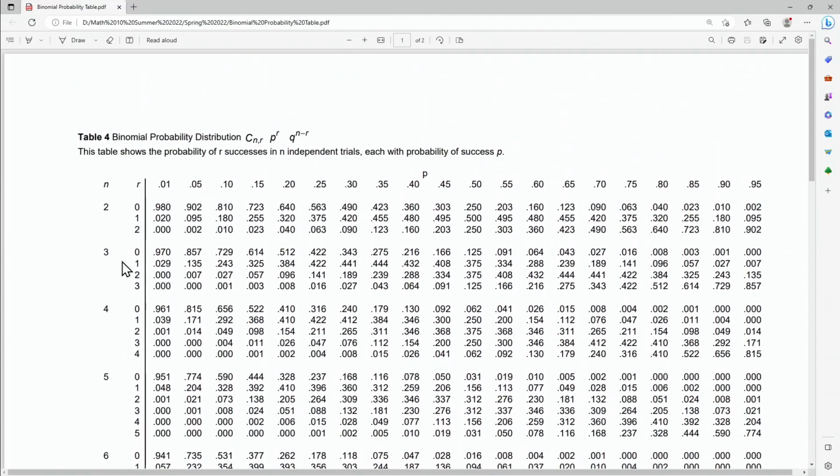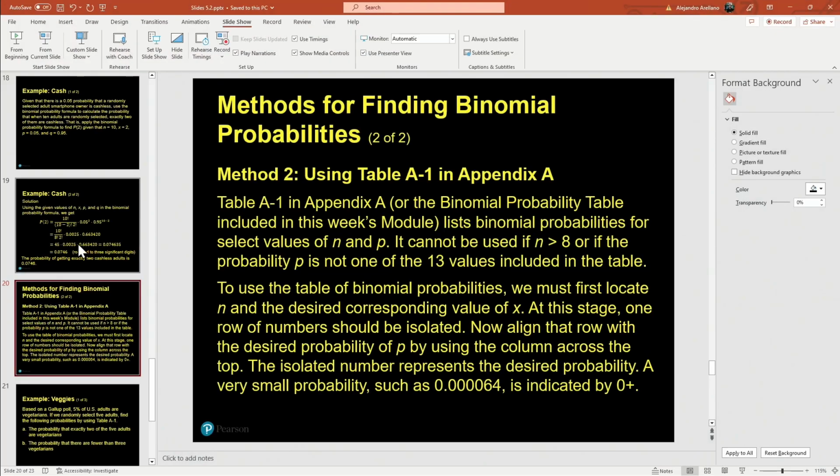So you can use these tables if you'd like to, or you could just always use the formula. But the nice thing about the table is if you have to look up multiple probabilities, and it's in the table, it could save you a lot of time because you could just add up the multiple probabilities and it would be a heck of a lot less work. Okay, so let me go back to the slides.